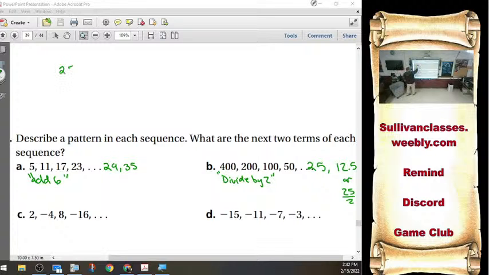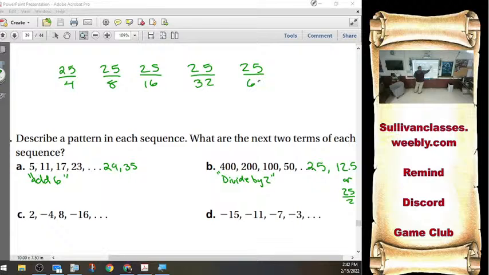Then I could say 25 fourths, 25 eighths, 25 sixteenths, 25 32nds, 25 64ths. I would much rather do that instead of 6.25, 3.125, 1.5625, I think. The decimal train just keeps getting bigger and bigger. Instead, I could just double my denominator.